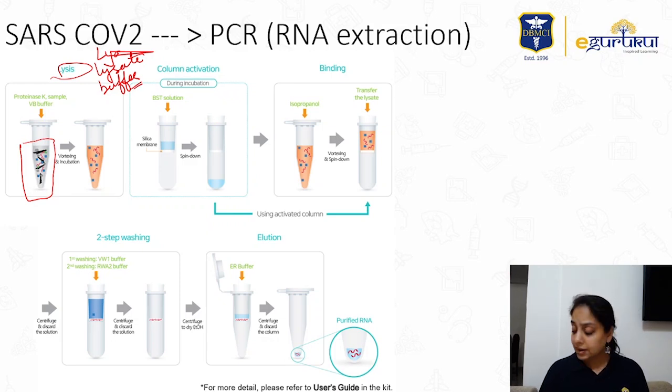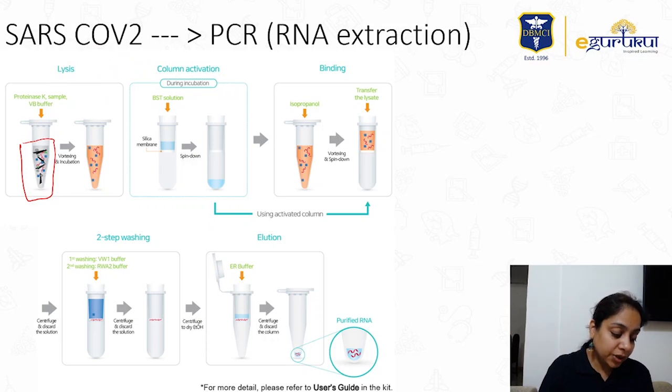What this lysate buffer contains is, first of all, phenol, guanidine, isothiocyanate, and an RNase inhibitor. So it has 4 things. I'm going to write it down here for you.